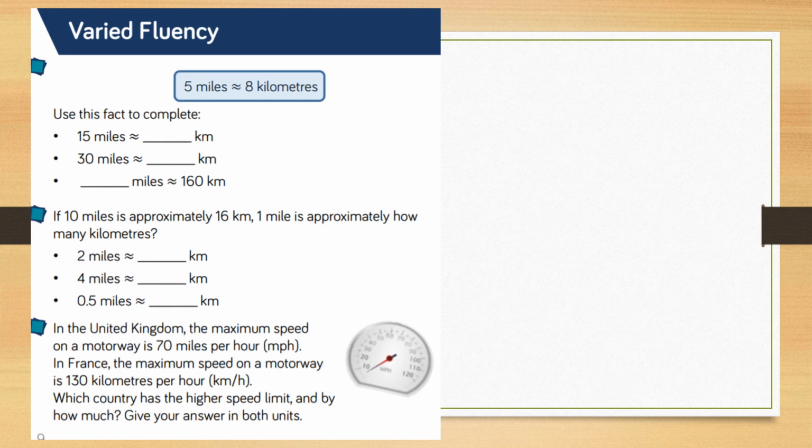So 8 lots of 14 would be, so 8 times 10 is 80, times 4 is 32. Add them together and you've got 112. Okay, so actually, which one is faster and give both units? Can you use that information to work the rest of the problem out?